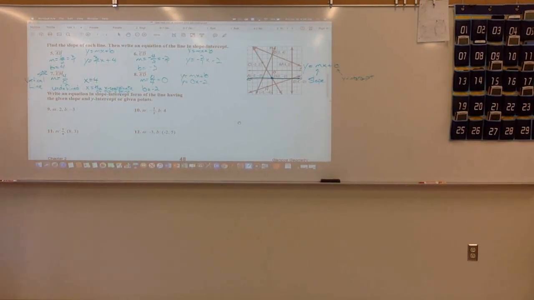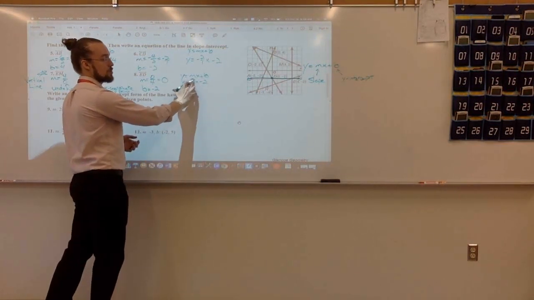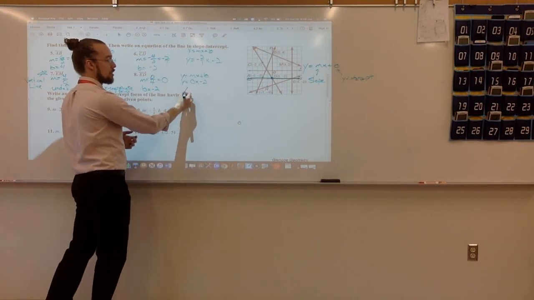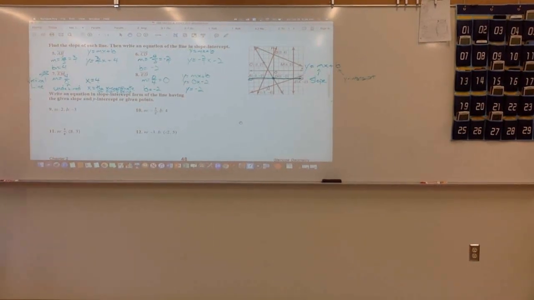What's 0 times x? 0. 0 times anything is just 0. So I can essentially get rid of that. This is just 0 minus 2. So we can say y equals -2 is the equation of this line.